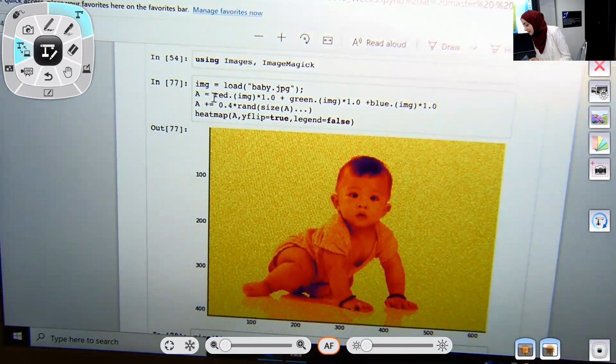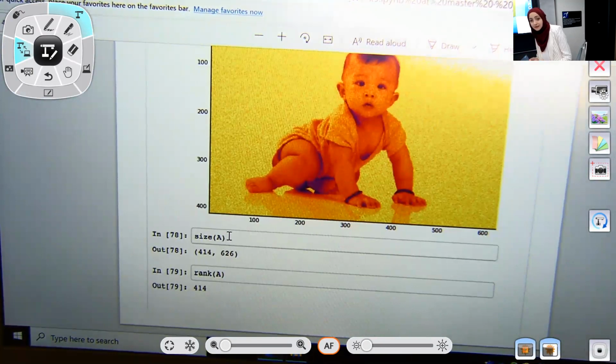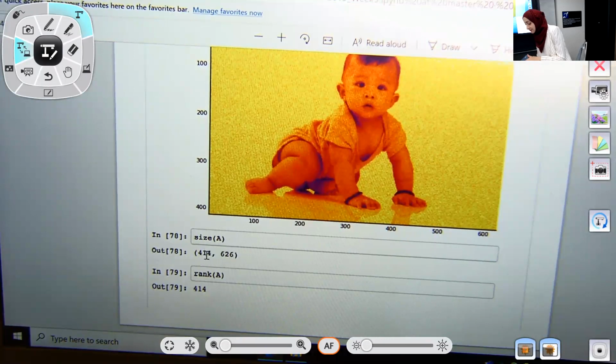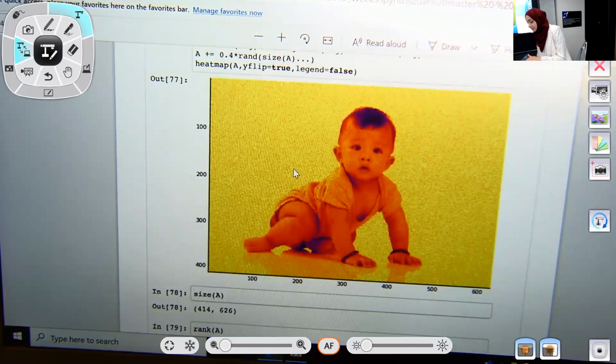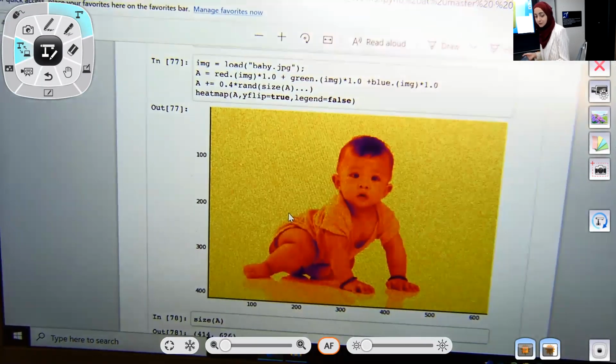Then you can use heat map directly for this matrix A. To be sure about this image, you need to find the size of this matrix, to be sure that it is 300 times 200, as our question requires. So the answer here should be, in your case, 300 times 200. Then you can upload your photo and plot it using heat map. This is the first step you need to do. Is it clear for you?